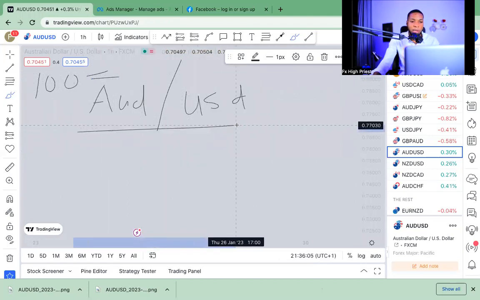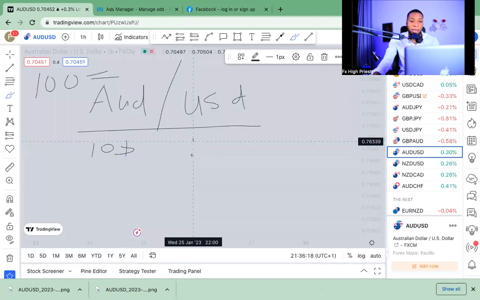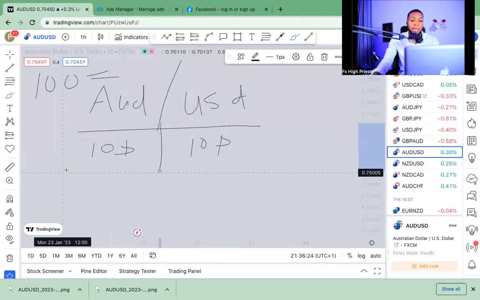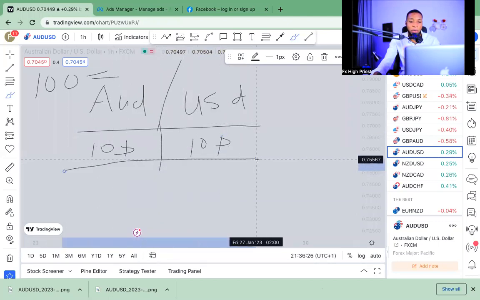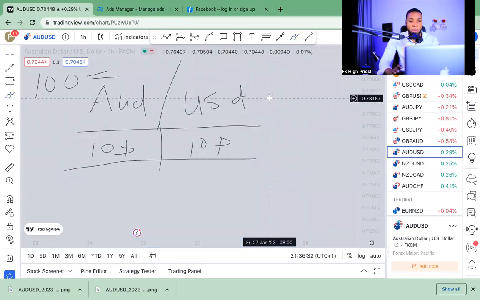Now, before you open that trade, Australian dollars has $10 out of that $20 you want to risk. Then United States dollars has $10 out of that $20. I'm trying to let you know that there is always a balance. There is always a starting point for everything.